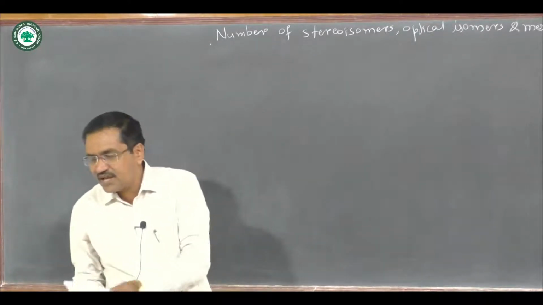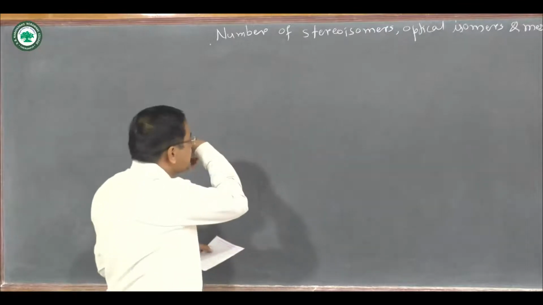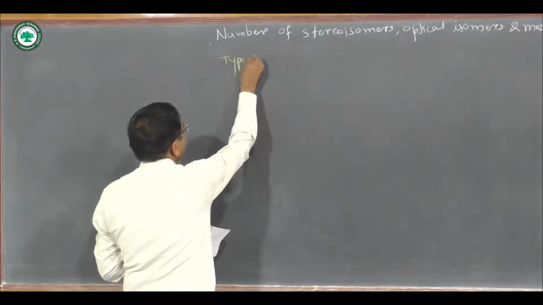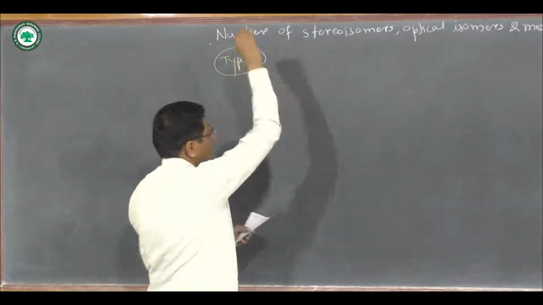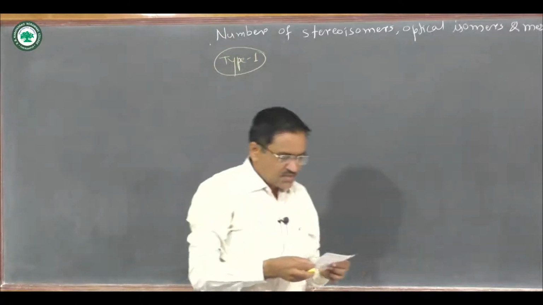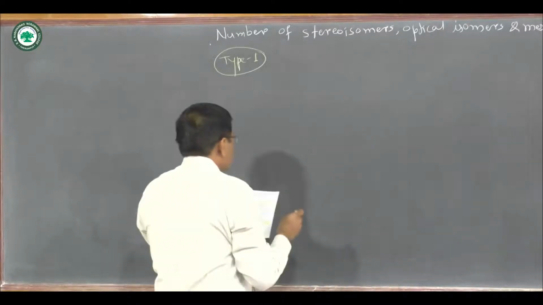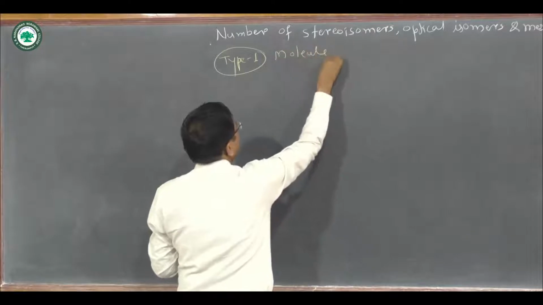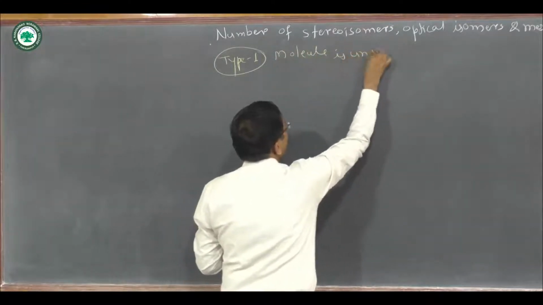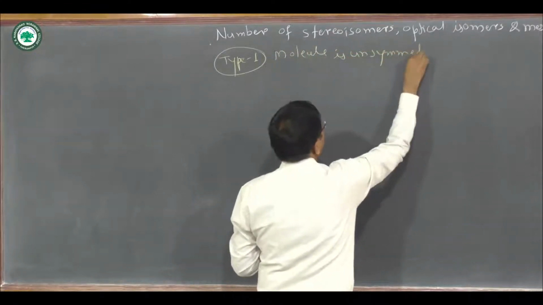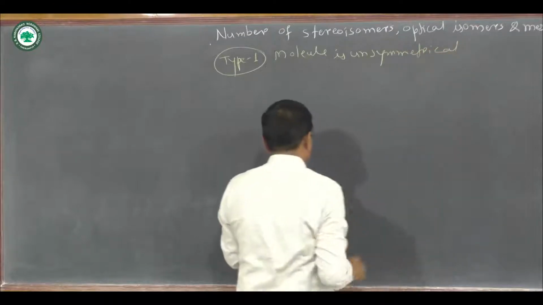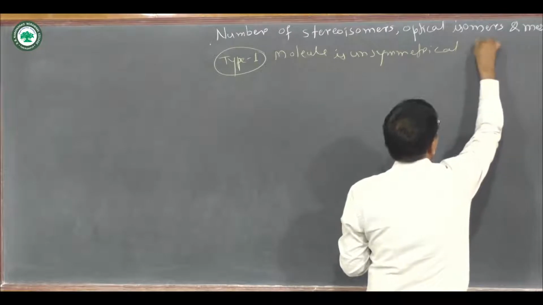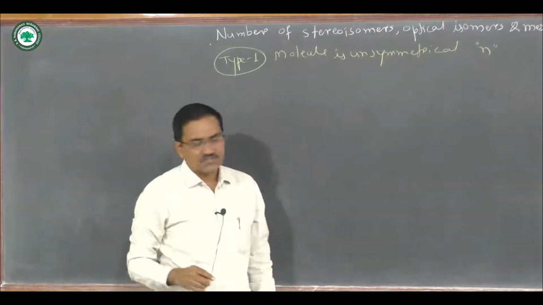Now there are three types. Type first: the molecule is unsymmetrical and contains n number of chiral centers.